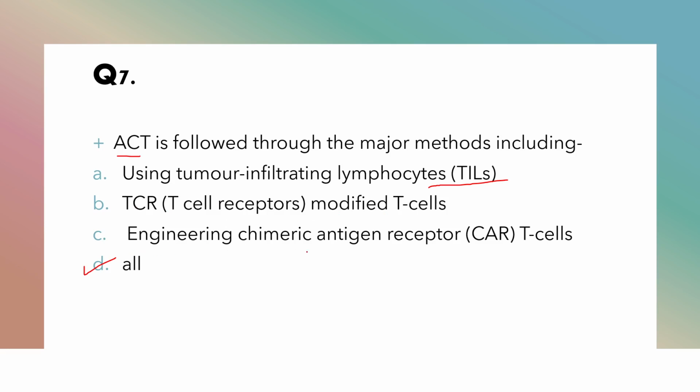Next is engineered chimeric antigen receptor T cells. This is another method of engineering T cells against cancer, and it is quite widely used right now, and it is successful. So CAR T cells are very important to understand cancer therapy, and we will discuss more about it in our upcoming slides.